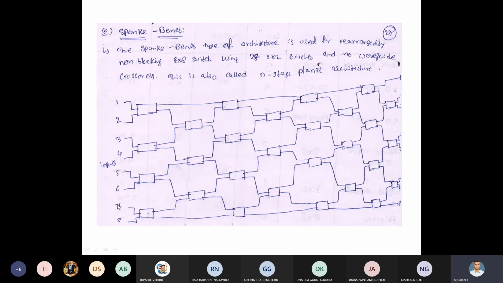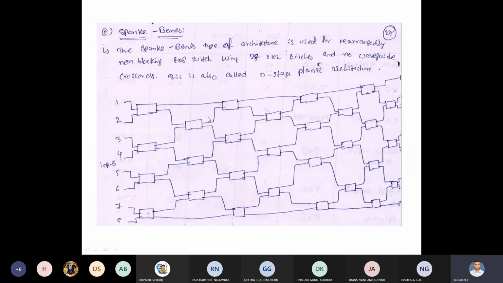The number of customers is equal to the number of stages. In the first stage we require 4 switches, but for the second stage it depends upon 2 power n. What is the n value? n equals 3. 2 power 3 equals 8. That's why I got only 3 switches. But second, 4, 6, 8 stages.